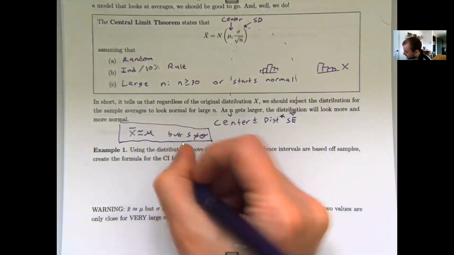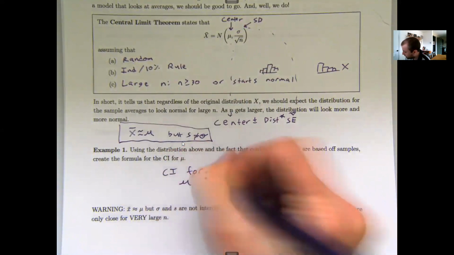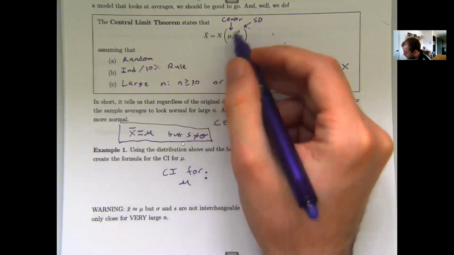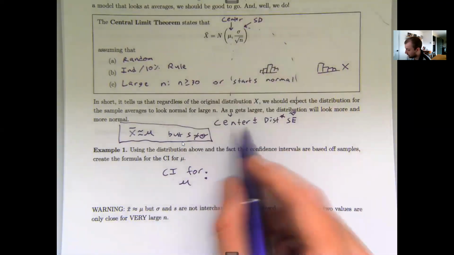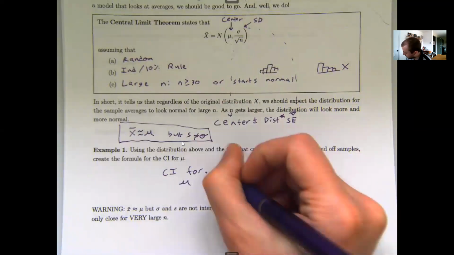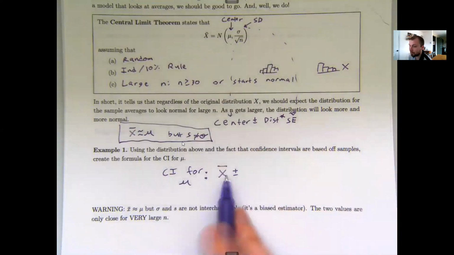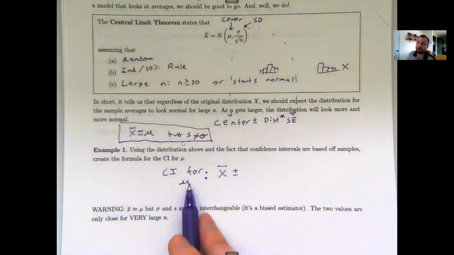So my confidence interval for mu is going to be mu, well, that's my center. And I want to say the sample version of it. Well, the sample version of mu is X bar. This is pretty much saying that if I know a large enough sample average, I can reasonably guess what that population average should be.